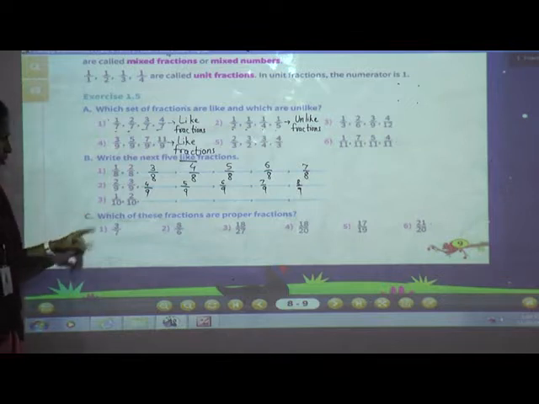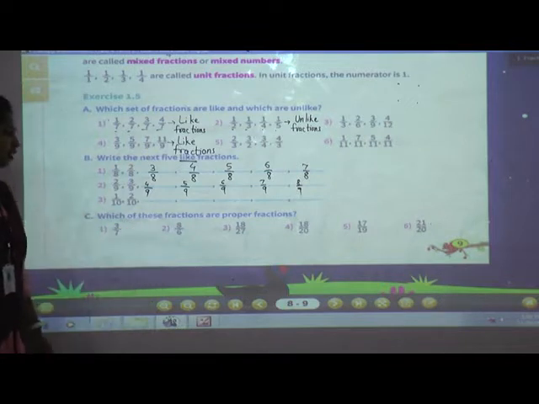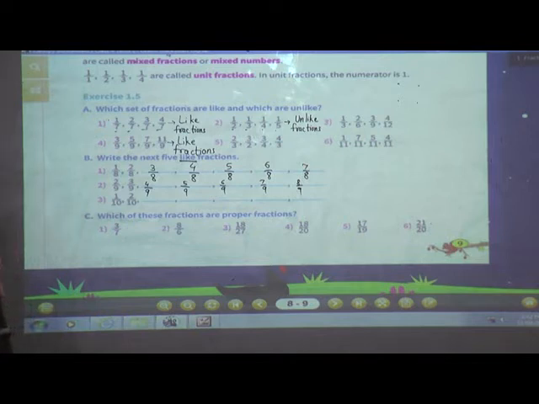Now C question. Which of these fractions are proper fractions? I'll write here in shortcut by seeing the number, but you need to write in a proper manner. Now let me revise proper fractions. What is a proper fraction, students?